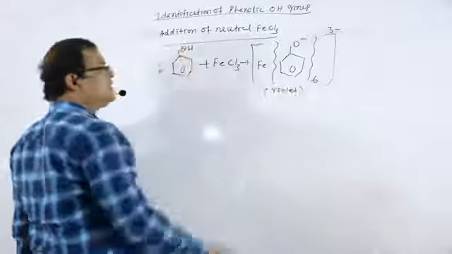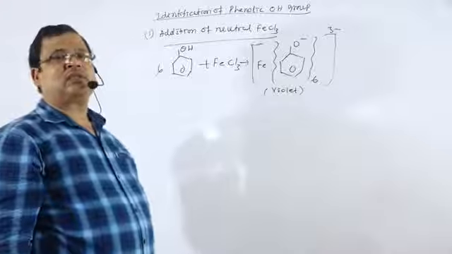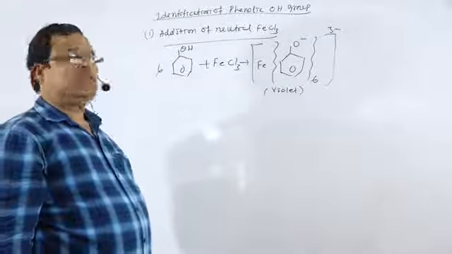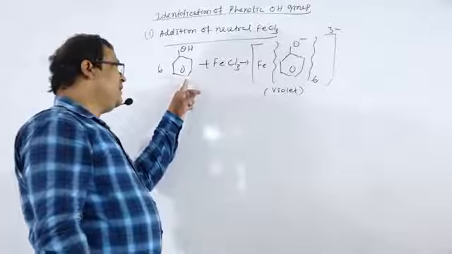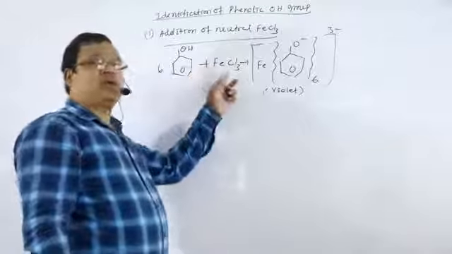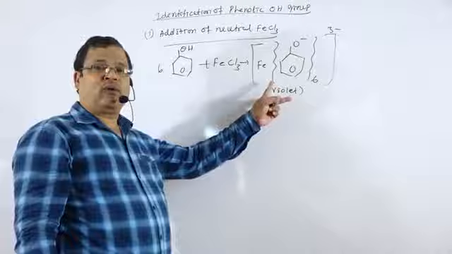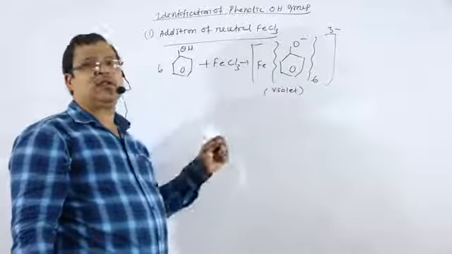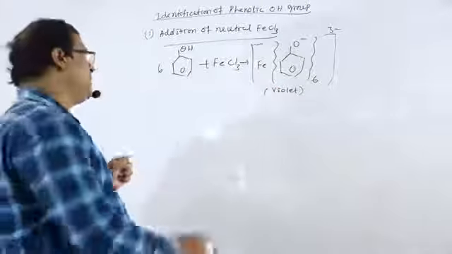But this reaction is not shown by aliphatic alcohols. So whenever phenol reacts with neutral ferric chloride, there is the formation of a violet colored complex. This explains the presence of the OH group in the benzene ring.